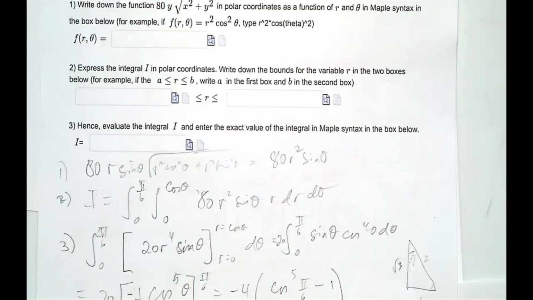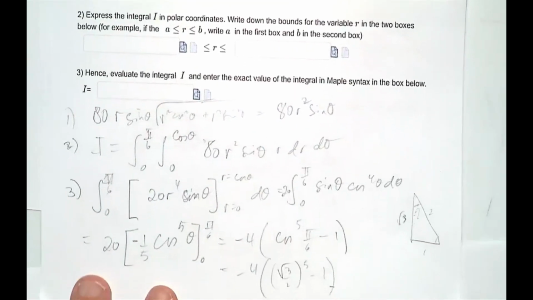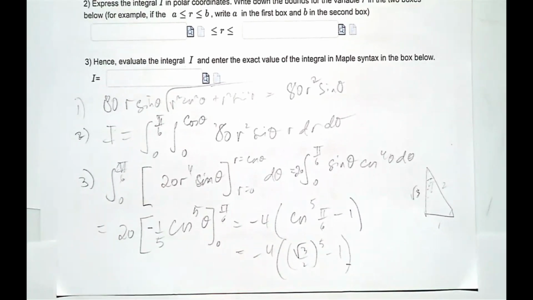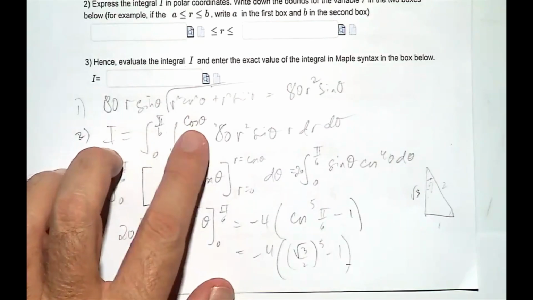All right, last question asks you to compute the integral. So here's my working, part 3. Note that this isn't a polar rectangle, by the way.